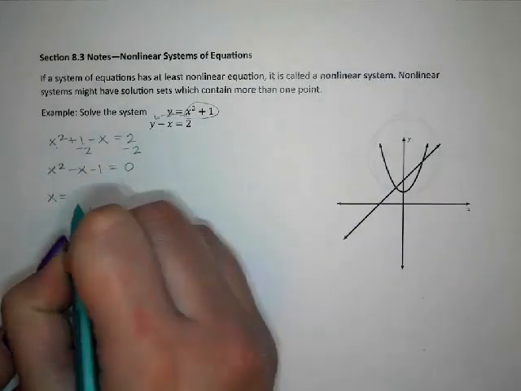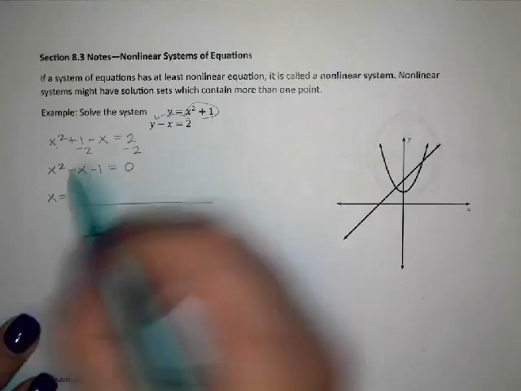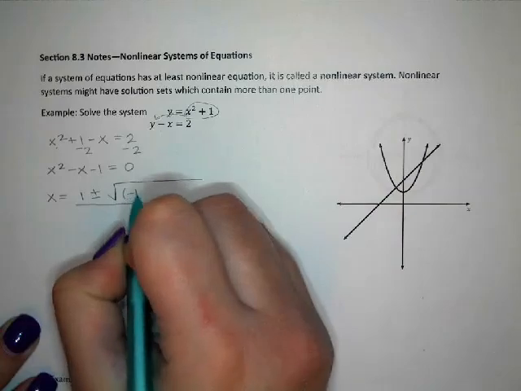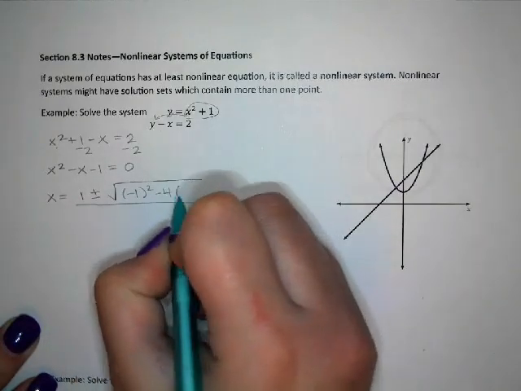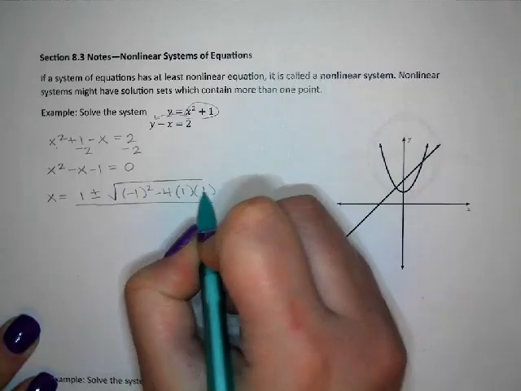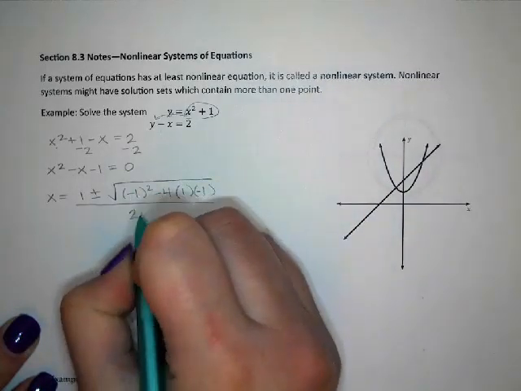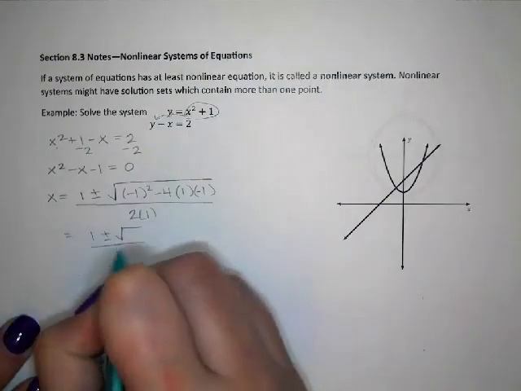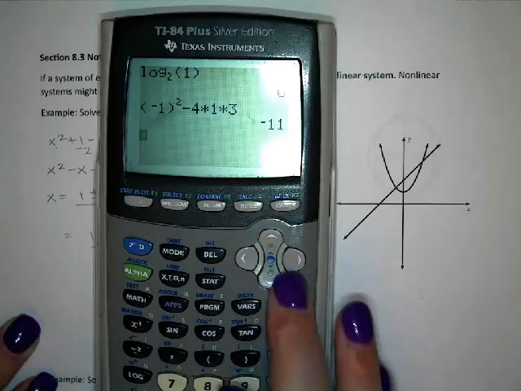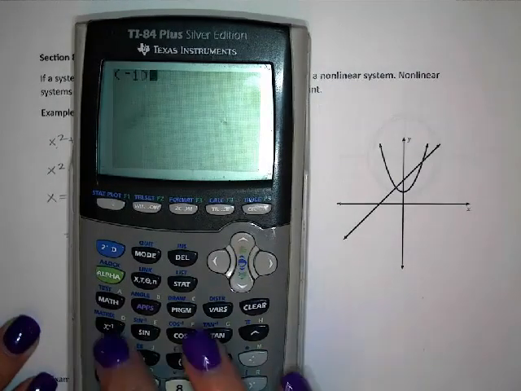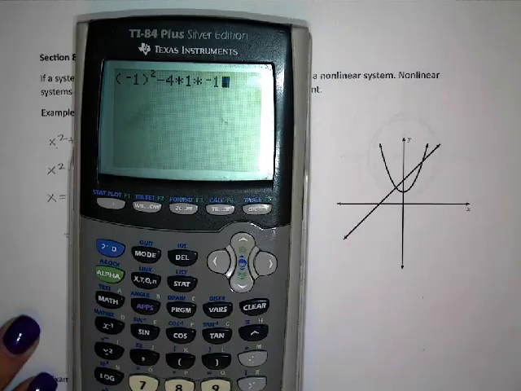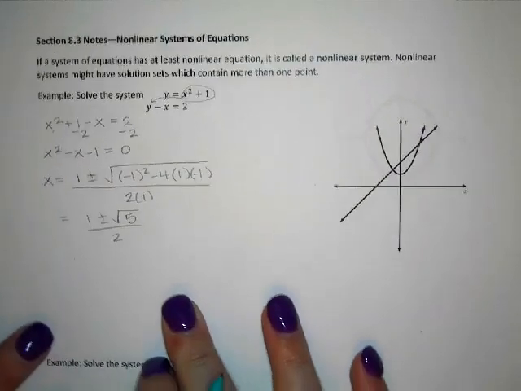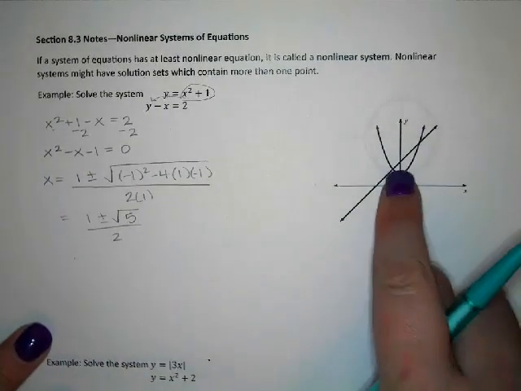So I've got x equals the opposite of b, so +1 plus or minus the square root of b squared minus 4 times a times c, divided by 2 times a. So the discriminant is 5.